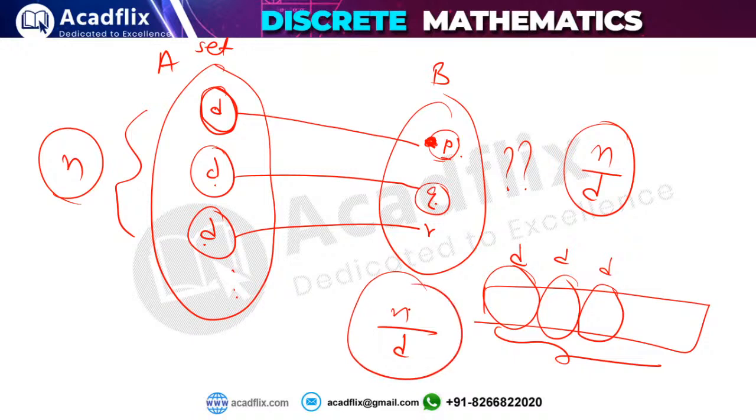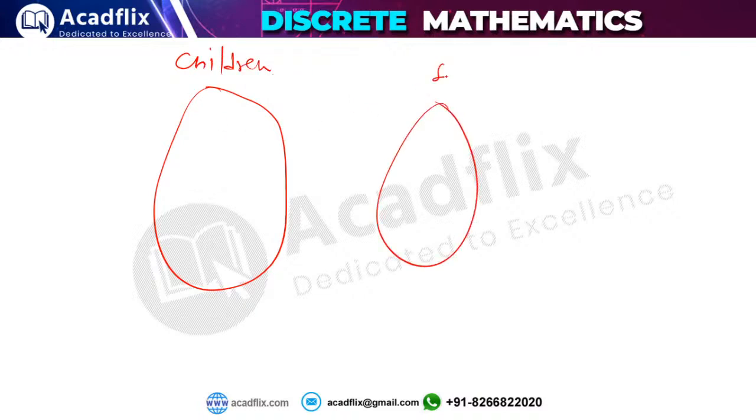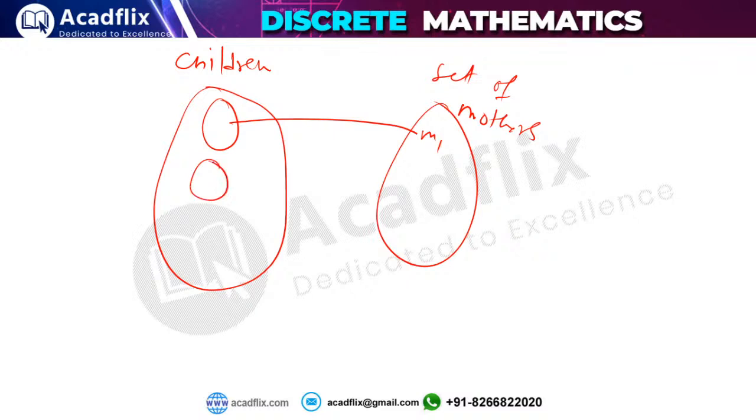Is it clear? Like in the mother's example, this was the set of children, and this is the set of mothers. These two children have mother 1, these two children have mother 2, these two children have mother 3, and so on.